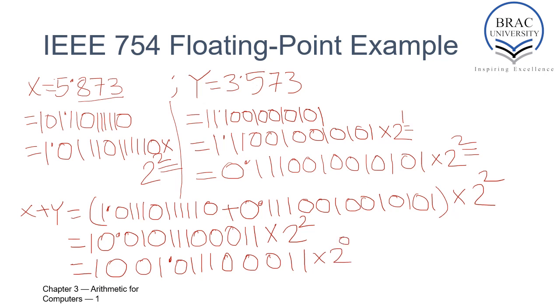Now we need to come up with the decimal equivalent. We know this part is 9. Then the fractional bits have weights minus 2, then minus 3, then minus 4 and so on.